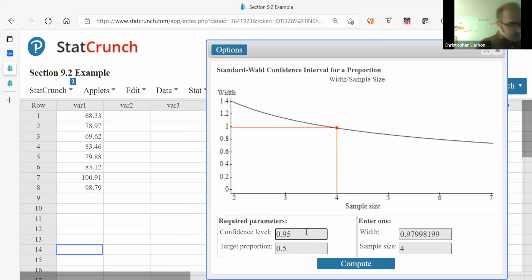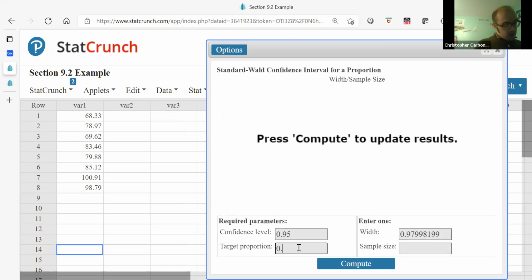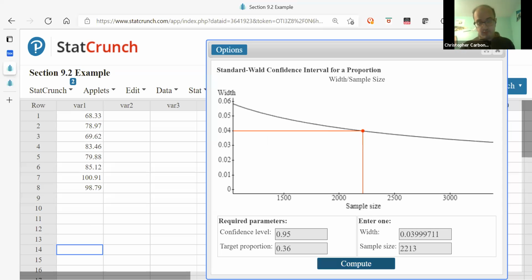So we want this to be 95% confidence. The proportion that we want is 0.36. And the width, we are going to take 0.02 and multiply it by 2, since there's two sides. You get 0.04. And this gives us a sample size of 2,213.